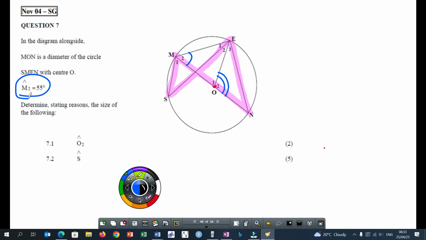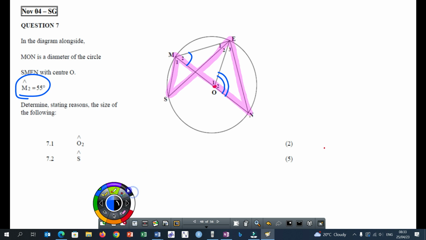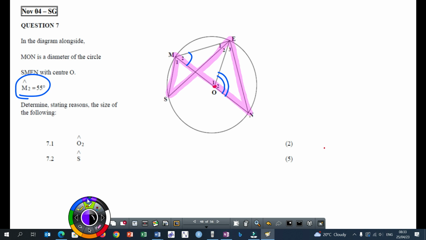So I'm almost done. I can just write here quickly. O2 is going to be equal to 2 times M2, because angle at center is equal to 2 times angle at circumference.